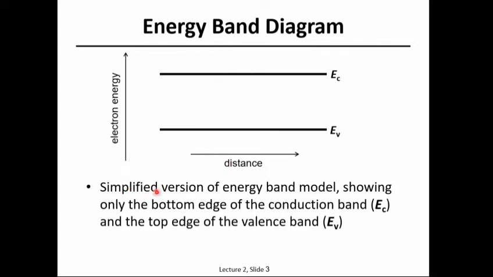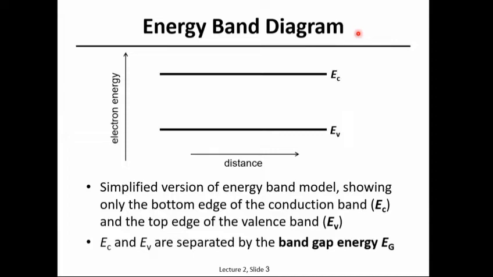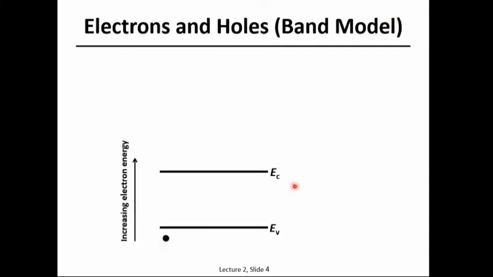Okay, so in the simplified version from the previous slide, we present the energy band diagram as a valence band and a top conduction band. And we said that the energy gap or band gap energy is assigned as EG, which is the separation between EC and EV. So again, what do we mean by that?